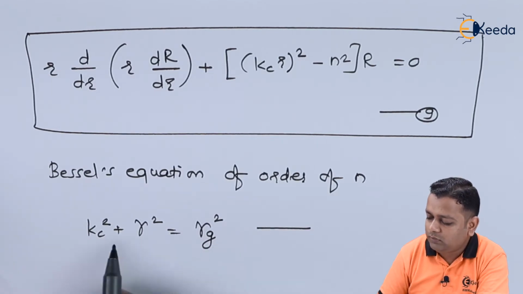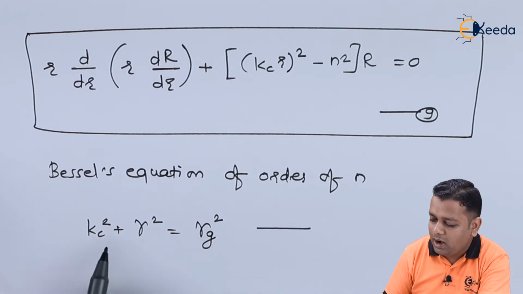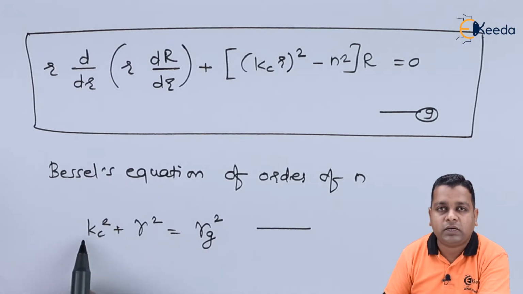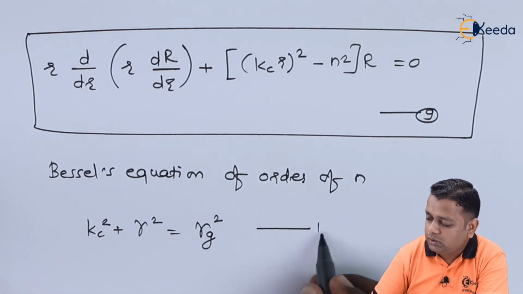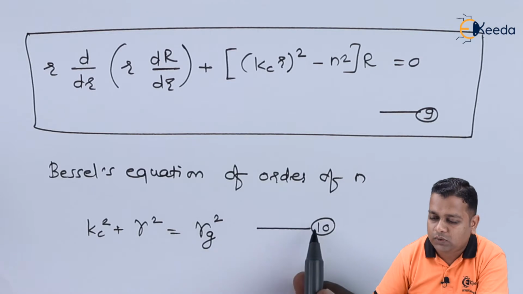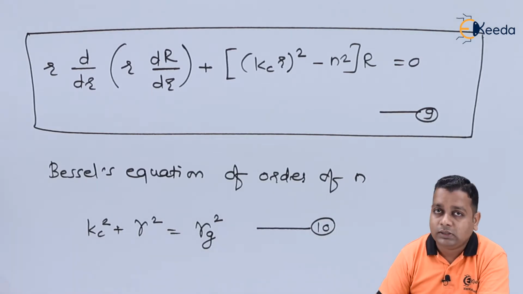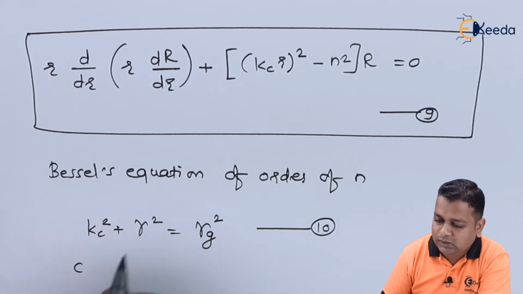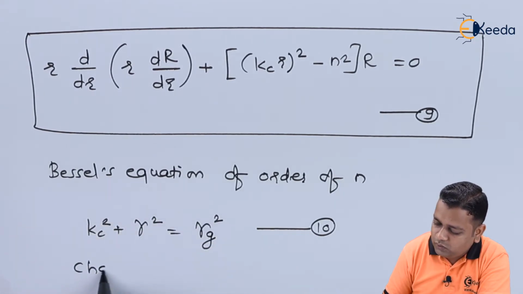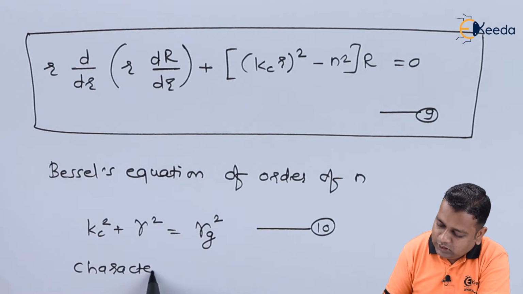So this relationship among the propagation constant and kc square, the cutoff wave number, can be the next equation number 10 here. This is called the characteristic equation of the Bessel equation here.